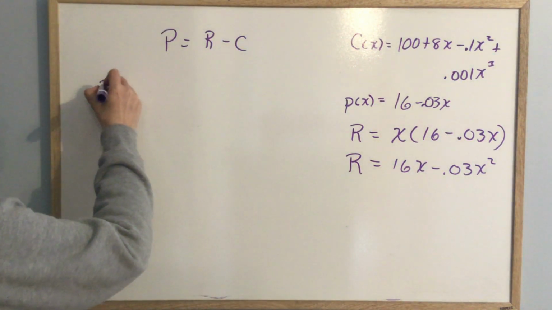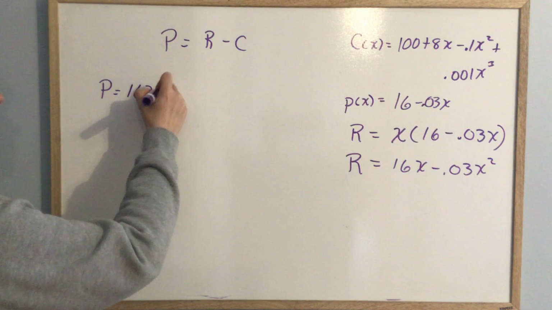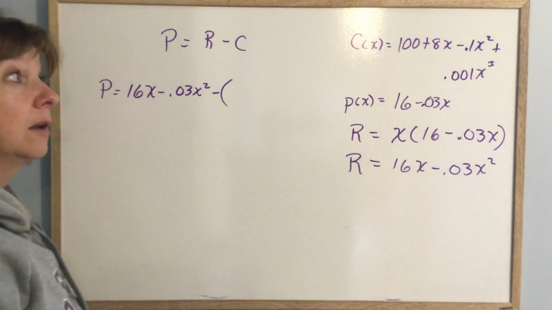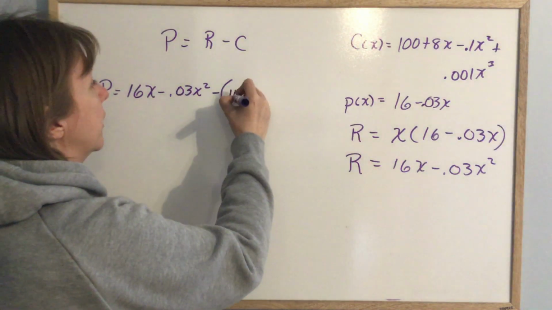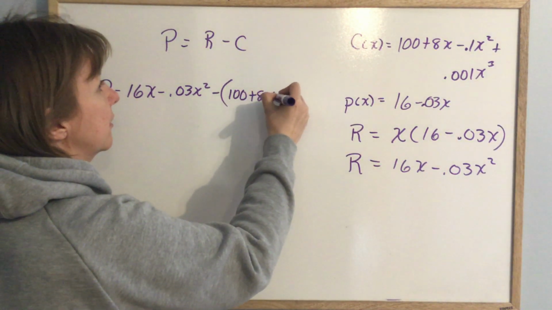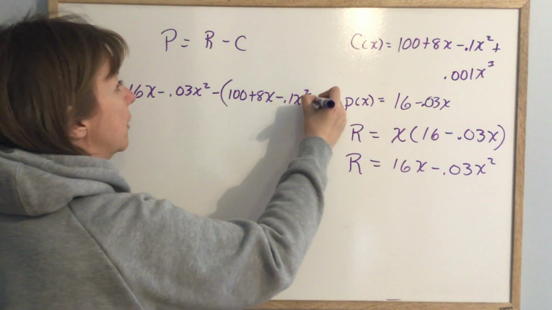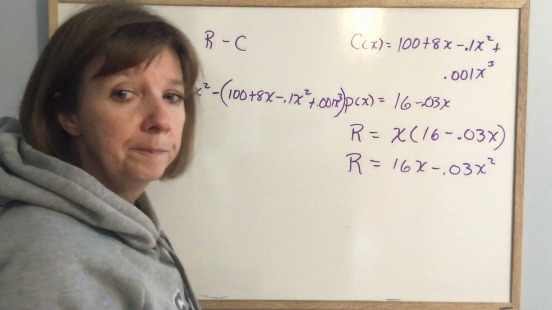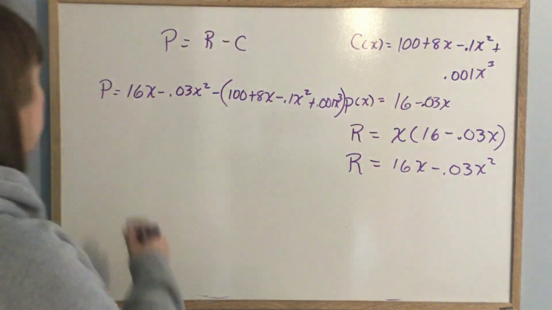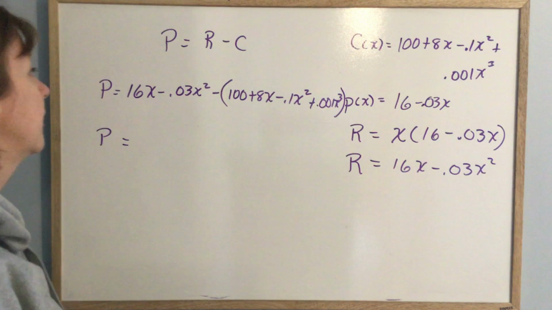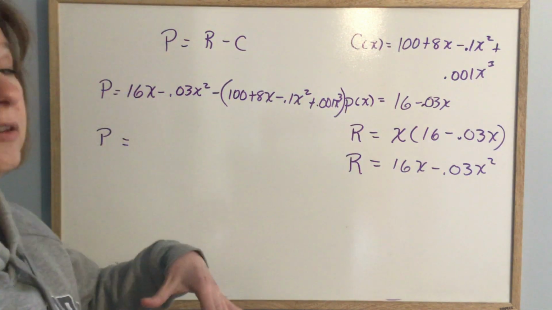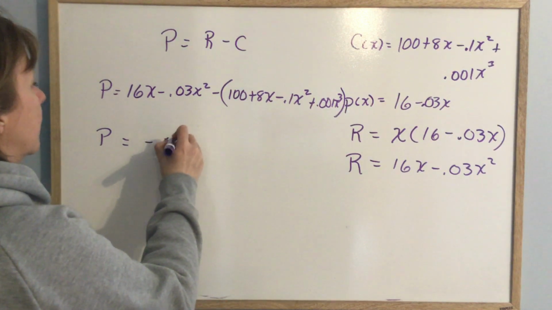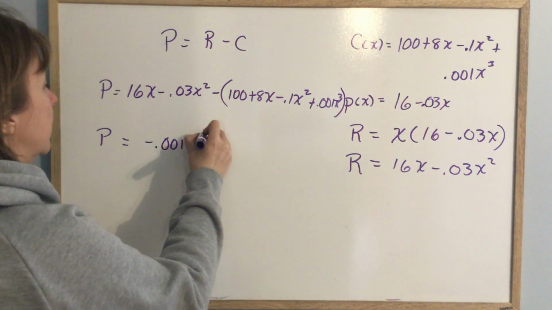So my profit is my revenue, 16x minus 0.03x squared, minus, and again I'm going to put this whole thing in brackets, 100 plus 8x minus 0.1x squared plus 0.001x cubed. That's fun. All right, so if I simplify this, I'm going to put it in descending order just because I like it better that way. So negative 0.001x cubed.